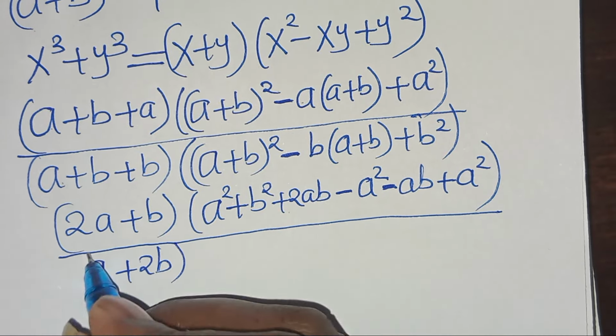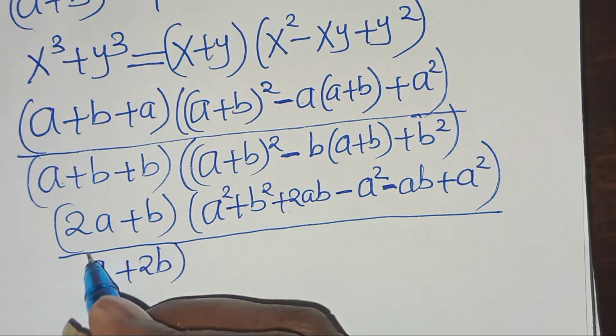So this becomes plus ab, cross the parentheses, divided by, in the denominator here, we have a plus 2b. Then here, if you check, we have b squared minus b squared. So this simplifies. Then now we have a squared plus b squared. Then we have 2ab minus ab. So this becomes plus ab, close the parentheses.